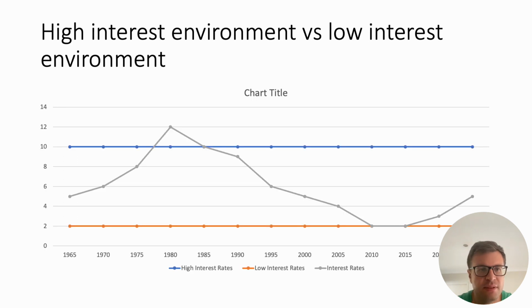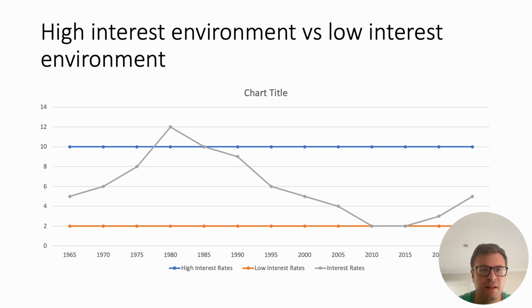In this chart, I just oversimplified the period with the interest rate since the 1960s up to now. I wanted to simply give two scenarios: one scenario with a high interest rate in blue and one scenario with a low interest rate in orange.